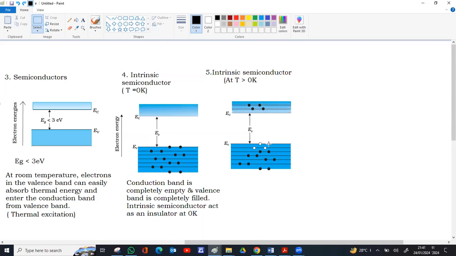At the same time, there are vacancies of 4 electrons. They left the valence band and moved to the conduction band. These vacancies, or absence of valence electrons, are known as electron holes. So the free electrons and the holes are equal in the case of an intrinsic semiconductor, a pure semiconductor at temperature greater than 0 Kelvin. So Ne, the free electron concentration, is equal to the hole concentration Nh.